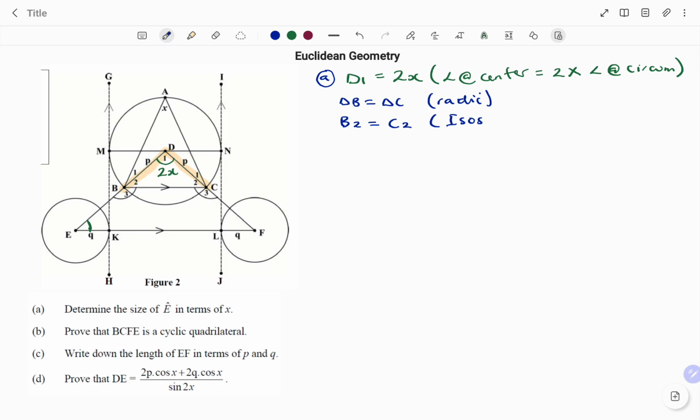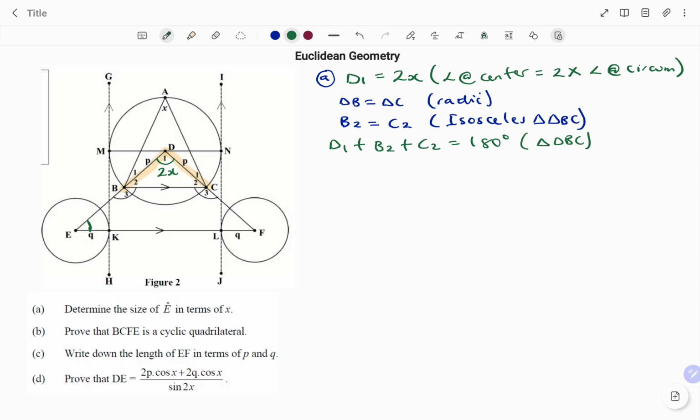That's the base angles of an isosceles triangle DBC are equal, such that we have angle D1 plus angle B2 plus angle C2 equals 180 degrees. The sum of the angles in a triangle add up to 180 degrees.